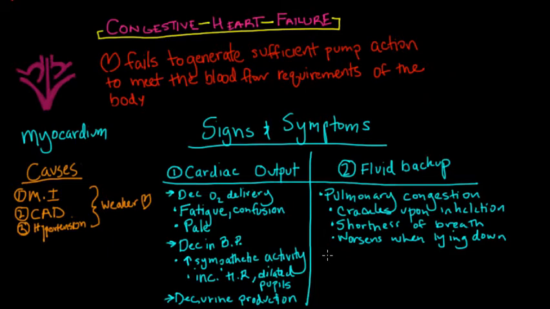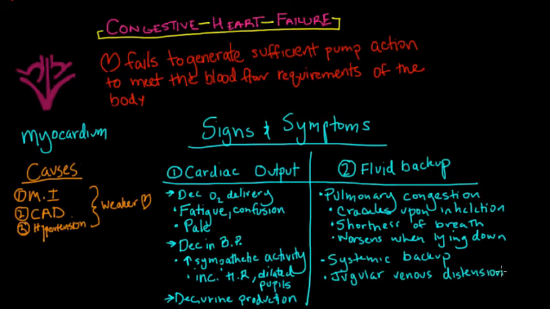But beyond the lungs, there's going to be systemic backup, so backup of blood beyond the right ventricle, right atrium, and into the venous circulation. So we'll call that systemic backup. And this will also kind of create a set of symptoms and signs that we'll see, and one of which will be jugular veins, so the veins in your neck will distend, will expand, will bulge, and we call that jugular venous distension.